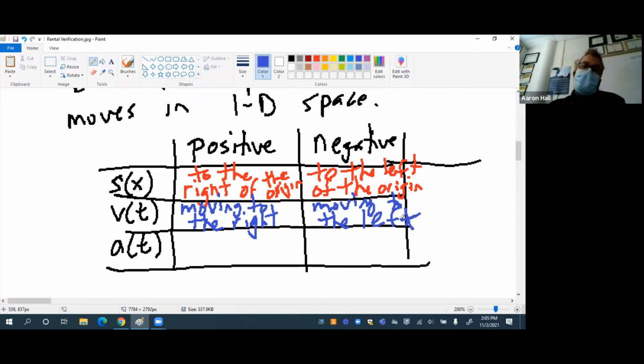Now, acceleration is a little bit more difficult. And so I really want to compare acceleration to velocity.